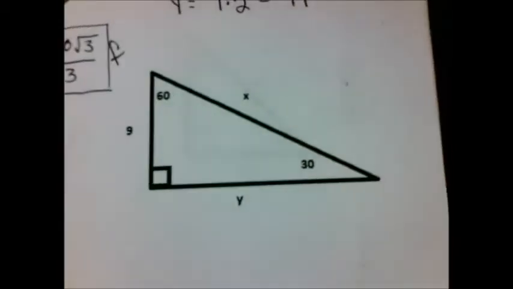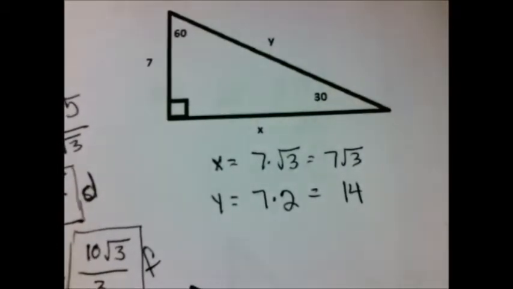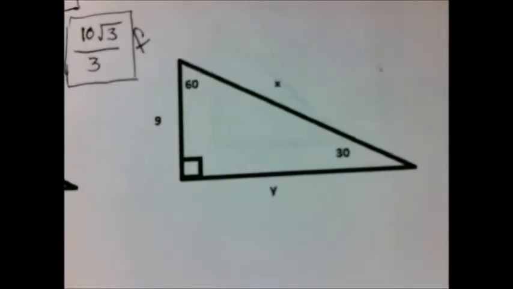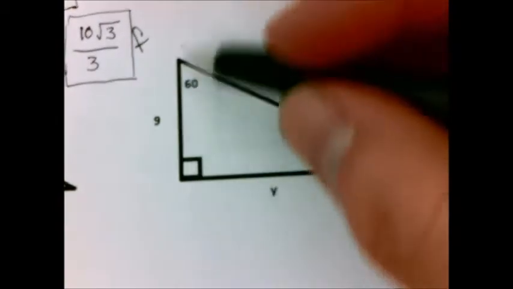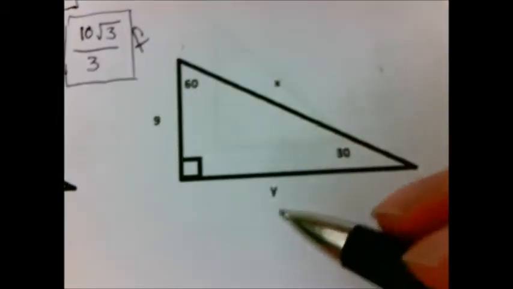All right, this one's just like this one up here. It's going to go pretty quickly because we already know how to figure out the answers using the short leg, because it's always the leg across from the 30. That's the short leg.